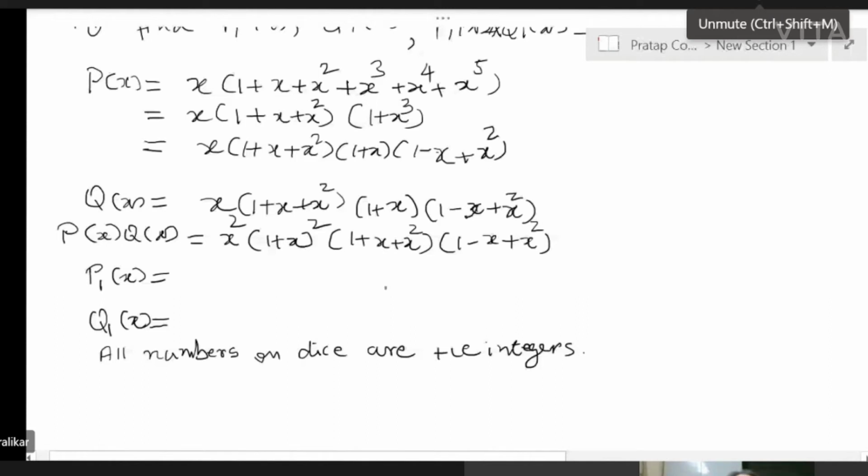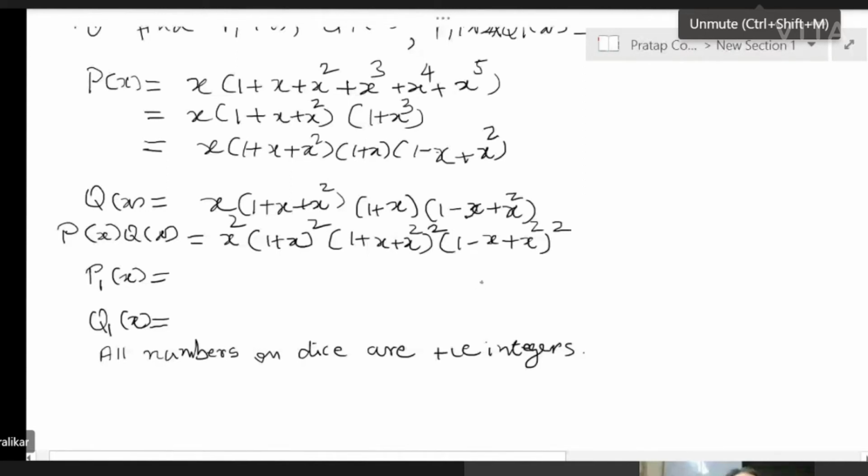So this is also squared and this is also squared. Thank you. Welcome, madam. The quadratic is also squared. Yes, that is right. I would have been in trouble later on, because I want to divide all these factors into P1x and Q1x. Thank you.